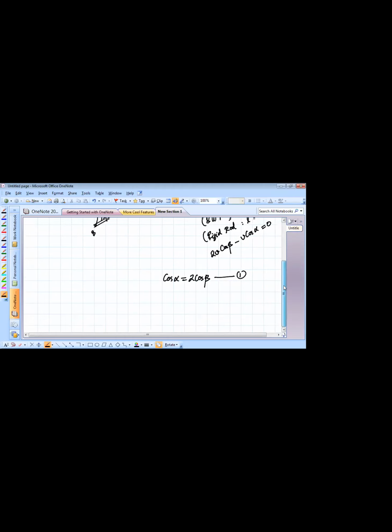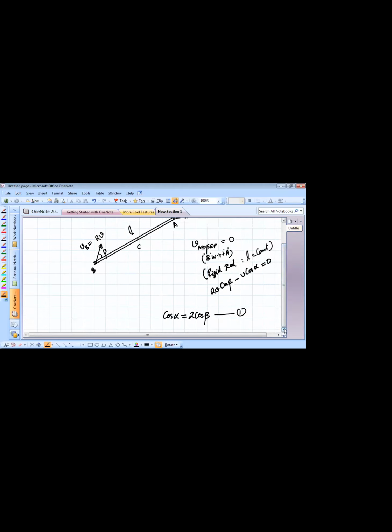Okay. Now the other thing you can always see in a question like this is that the velocity of the center of mass always becomes the mean value of the velocities of the endpoints.